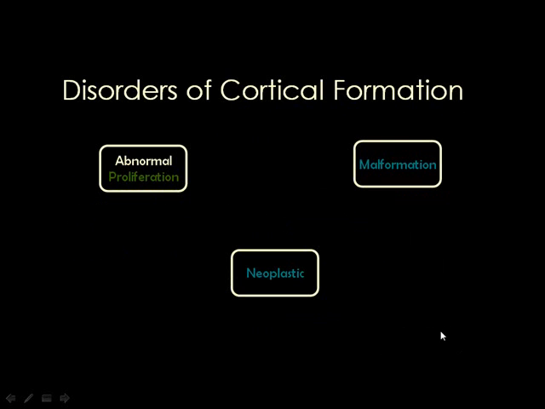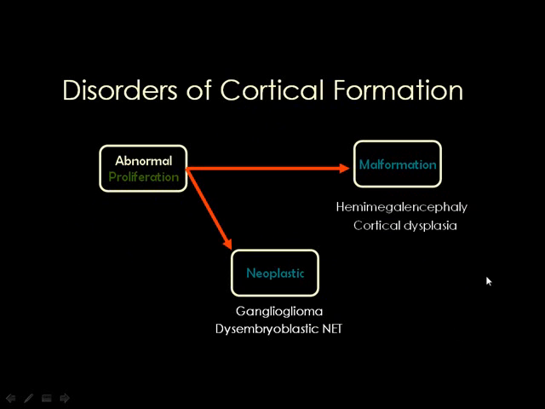We'll start first with disorders of proliferation, and these are in the form of two main issues. Number 1, malformed or abnormal proliferation. Malformation of the proliferation will result in a well-known lesion called hemimegalencephaly, and a relatively rare lesion known as cortical dysplasia.